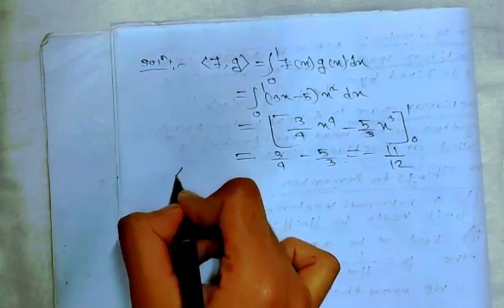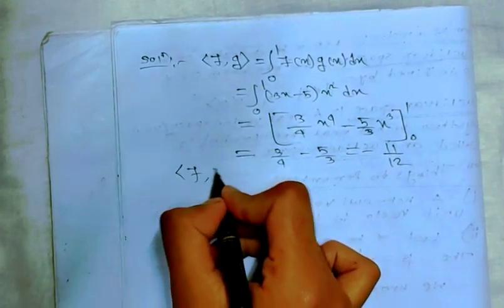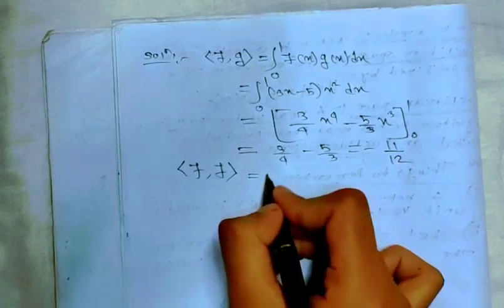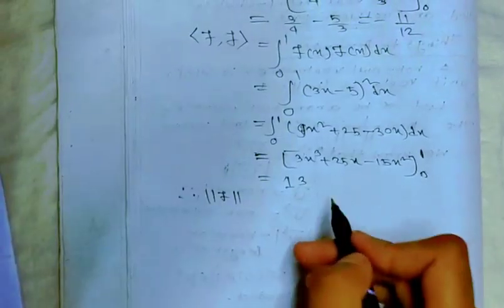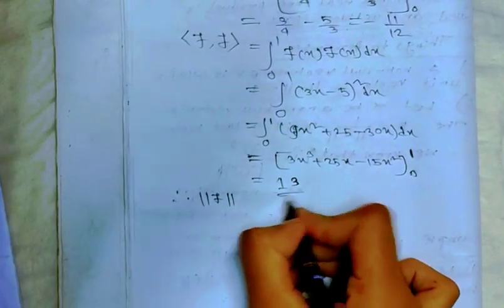Now for the second one, inner product of f, f equals integration 0 to 1. After calculating we get 13.